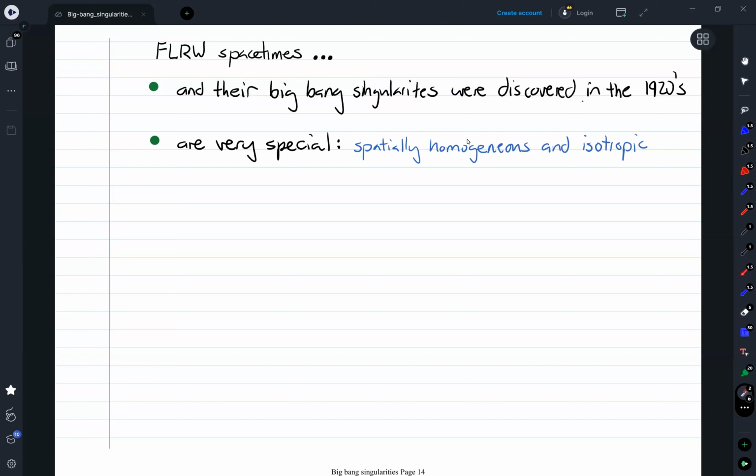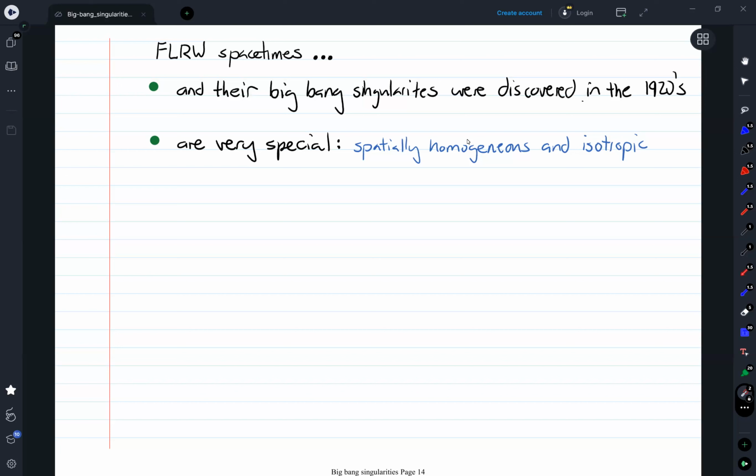Okay, it became clear after a while that these were important solutions. They're very special solutions, and they're exactly solvable. In particular, as Elliot said in his talk earlier, these FLRW solutions are spatially homogeneous and isotropic. This makes them very special.